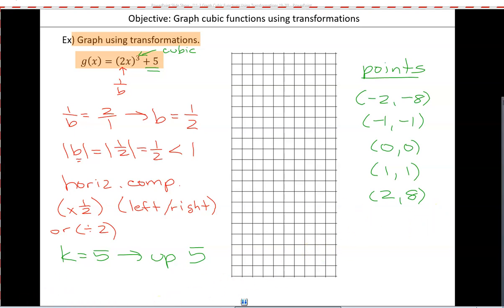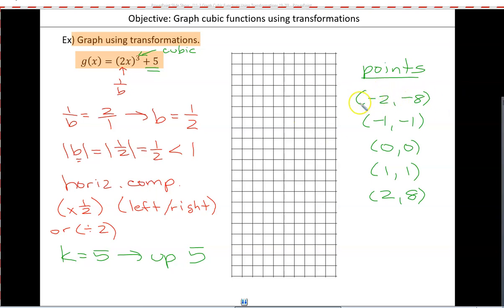All right, for this one, when we look to draw our axes, it's good to understand, again, how things are going to change before you actually start doing the changes on the graph. So with a horizontal compression, it takes those horizontal points and moves them closer to the y-axis. So it means that it is compressing or changing the x coordinates by dividing them by 2 or multiplying them by 1/2.